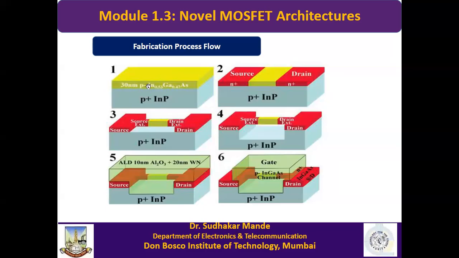Then over that, lightly doped P-type indium gallium arsenide is deposited. Its thickness is around 30 nanometers, right? Then N plus source and N plus drain are doped. See here, N plus source and N plus drain.